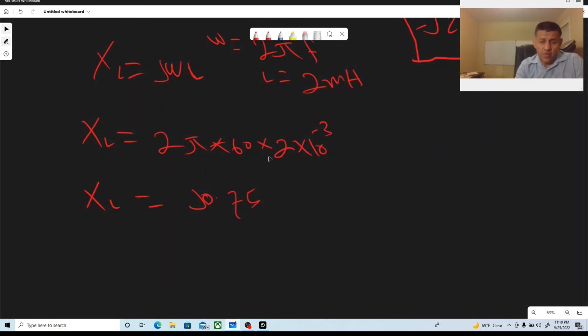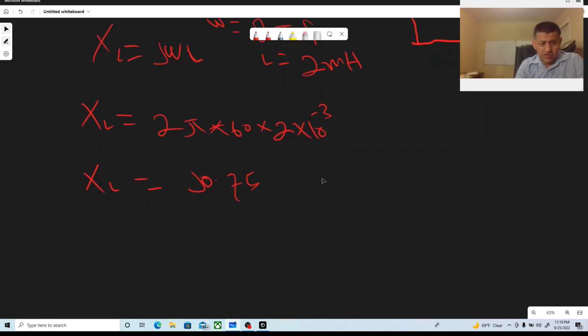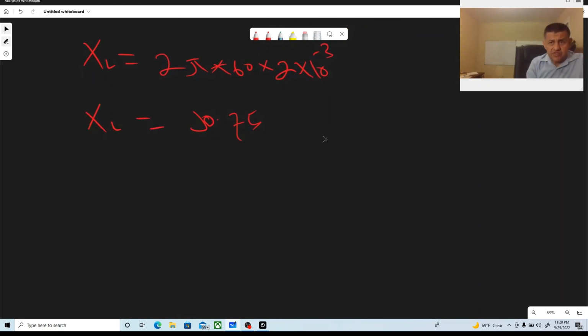The resistor is going to be in series with this inductor, so our answer should be Z equal to 10, the value of the resistor, plus j 0.75.